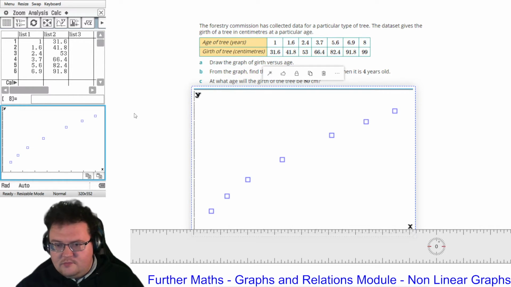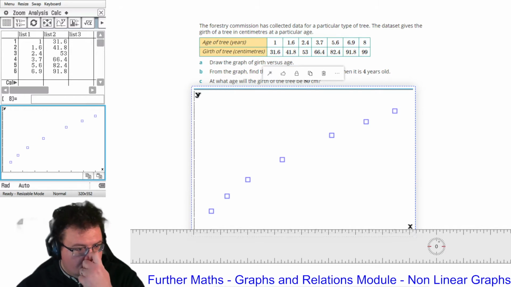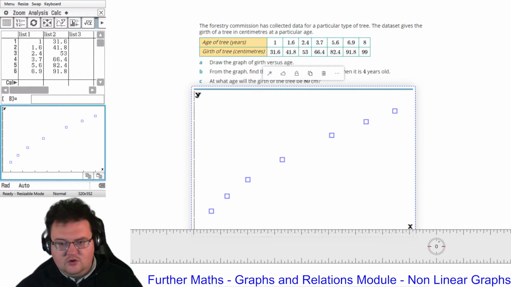Now, it's kind of a straight line. It's not perfect. What shape of data would you say that is? What shape of line does this look like to you?